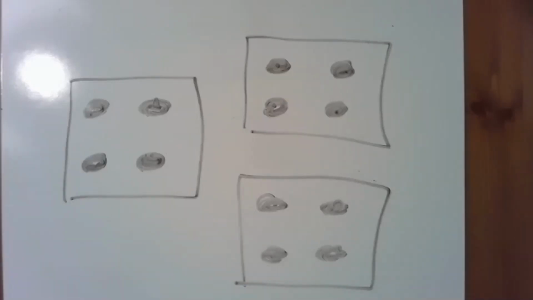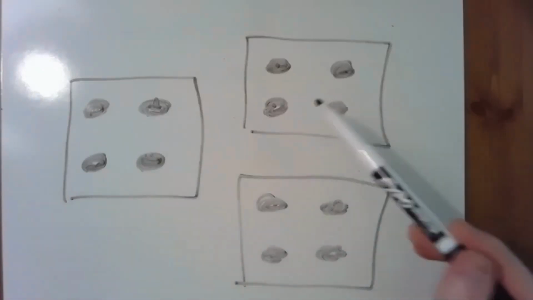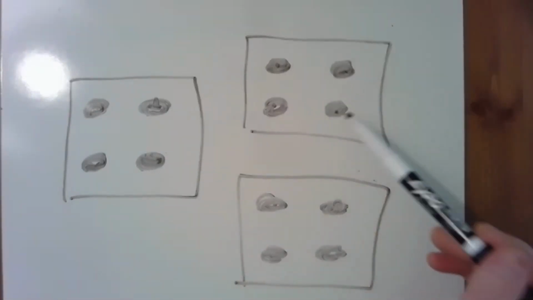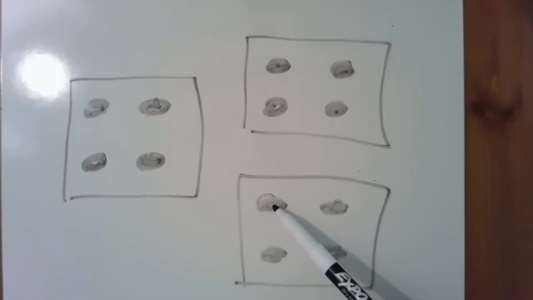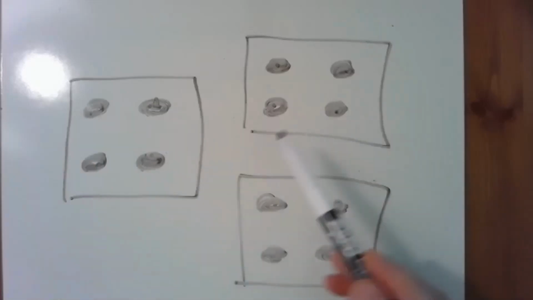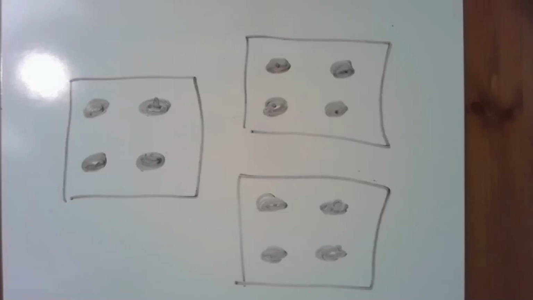Maybe it gets sent to your teacher, and your teacher has it brailled, and there are these boxes with 4 dots in each box, and you can count those dots up, 1, 2, 3, 4 in this one, 5, 6, 7, 8 in the second one, and then 9, 10, 11, 12. So I have 12 total in all. So 4 times 1, 2, 3 equals 12. So that's great.